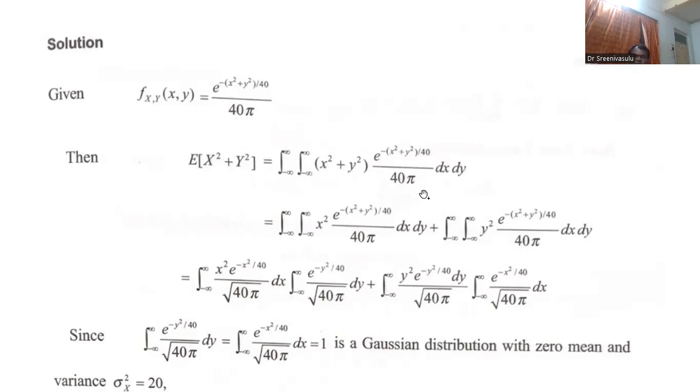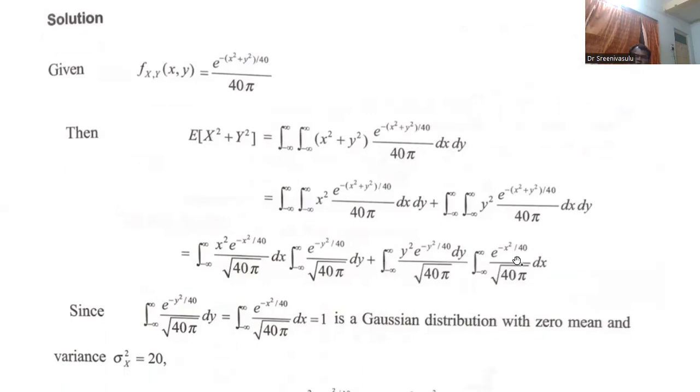And then this f x y of x comma y is given here. You substitute this data here, and then you rearrange these terms. You rearrange the terms of x square.